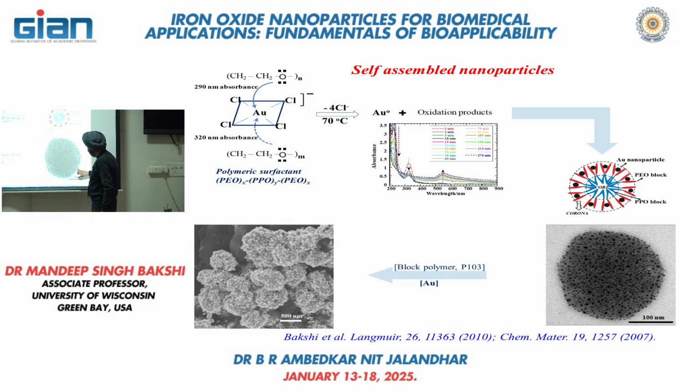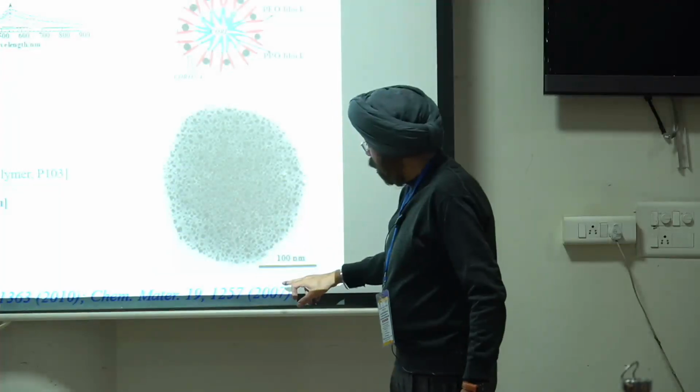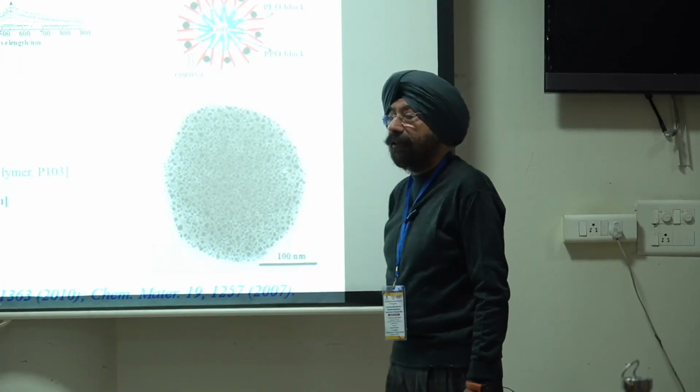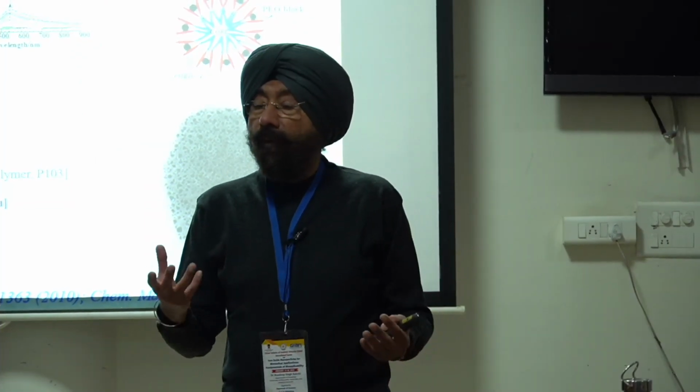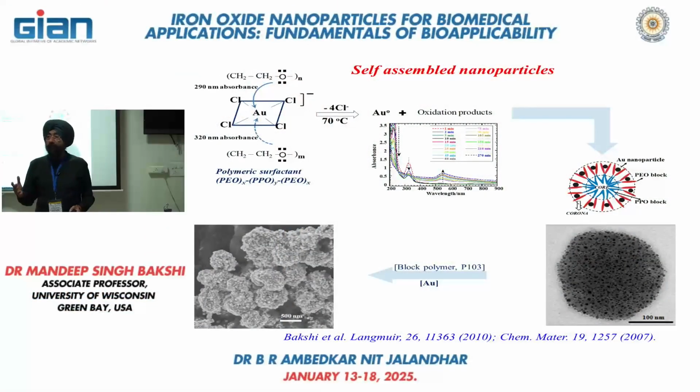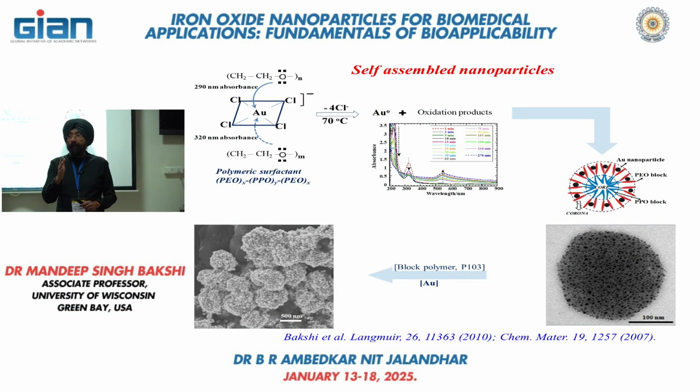You see, this is a very huge micelle. The scale bar is 100 nanometer. Suppose you asked me what is the size of an SDS, sodium dodecyl sulfate micelle. Usually the sodium dodecyl sulfate micelle is 1 to 2 nanometer maximum.